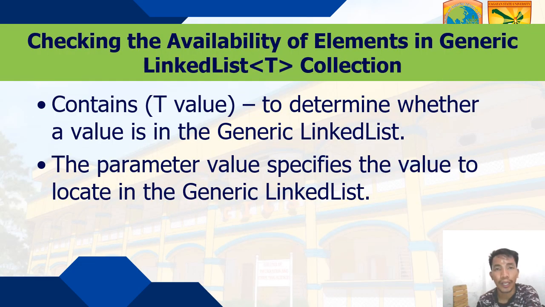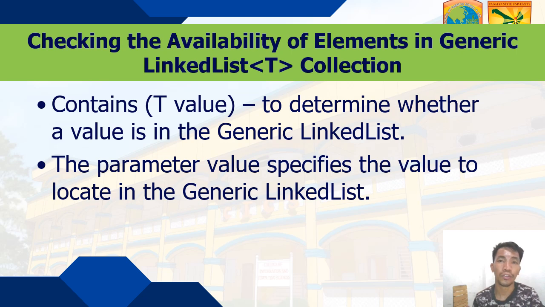So, how to check the availability of elements in a generic linked list? Of course, you would want to know if the generic linked list has null elements in it, or how many elements it contains. If you want to check whether an element exists or not in the generic linked list collection, then we can just use the contains method, which is associated with the generic linked list class.